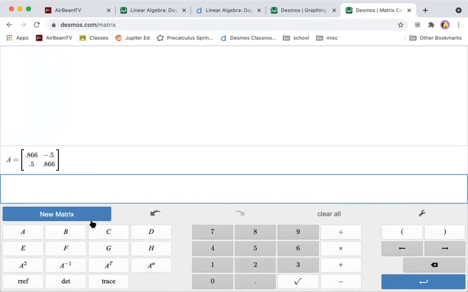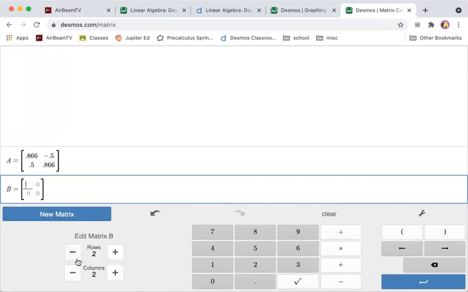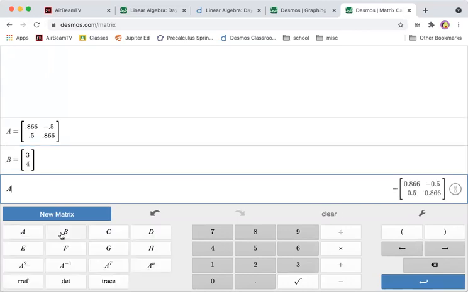And then I can make my other matrix be my 2 points. It's just got one column, 3, 4. And over here, I can do A times B, and out comes the answer. But actually on the TI calculator, you can put in cosine and sine, so that might be even better.